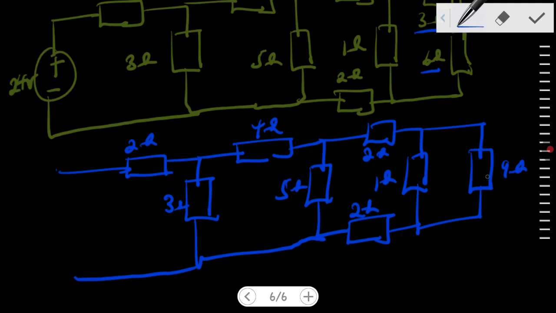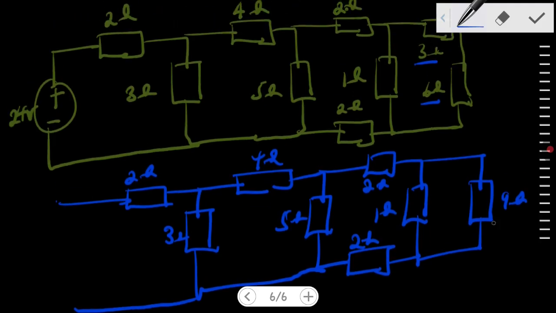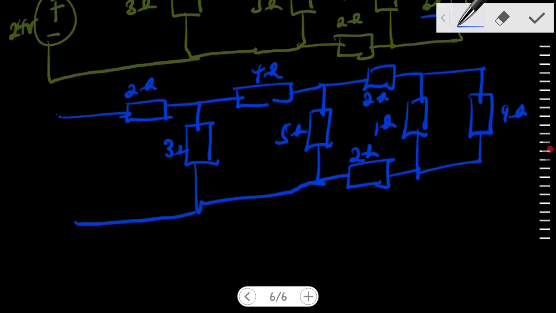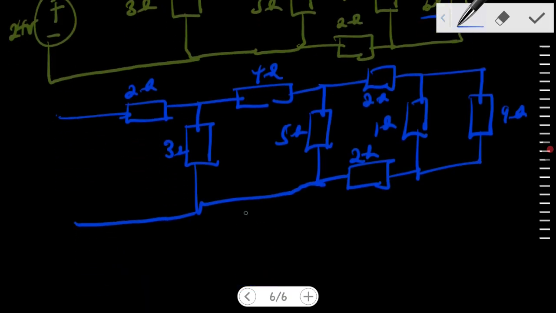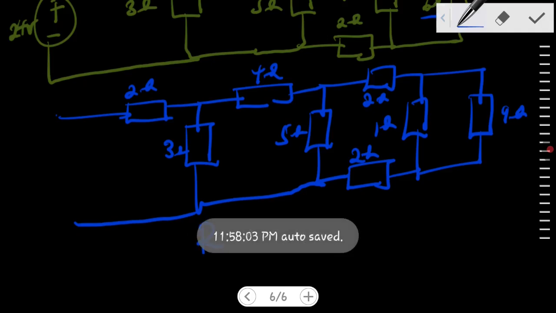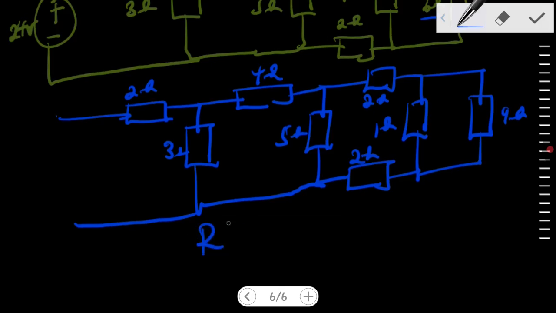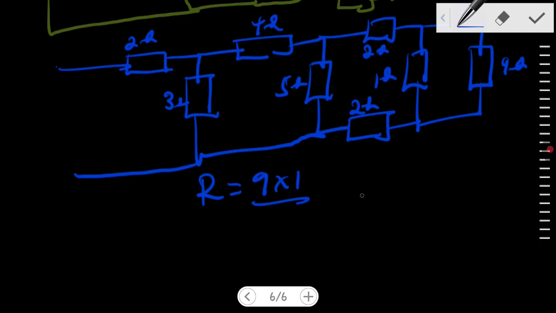Now, this 9 is in parallel with the 1 ohm resistor, of which the resistance in parallel connection we normally have something that is equal to, so we shall be having 9 times 1 over 10, right?